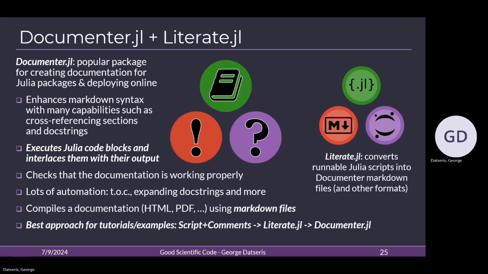In my opinion, the best approach for creating the main tutorial and all examples of your documentation is the following. You compose a standard Julia file, .jl, that is a script that has comments. Then you give the script to Literate, and Literate makes it a Markdown file for Documenter, and then Documenter takes this and makes the actual HTML compiled documentation.